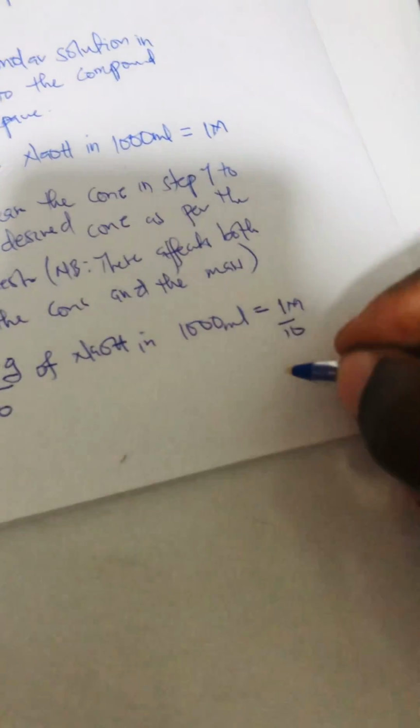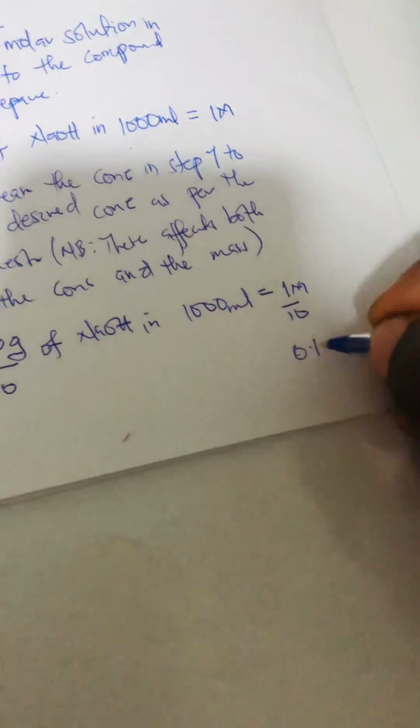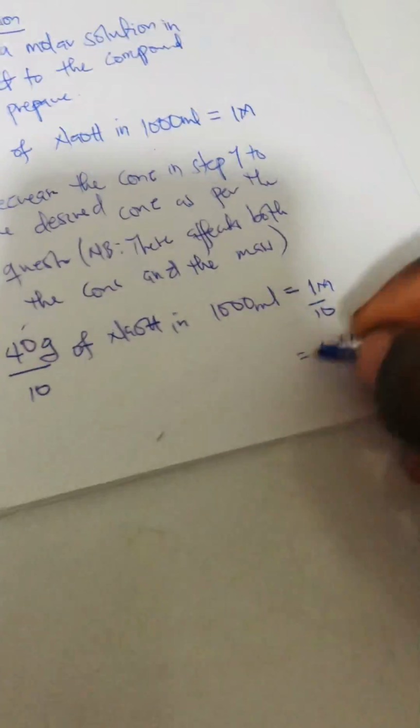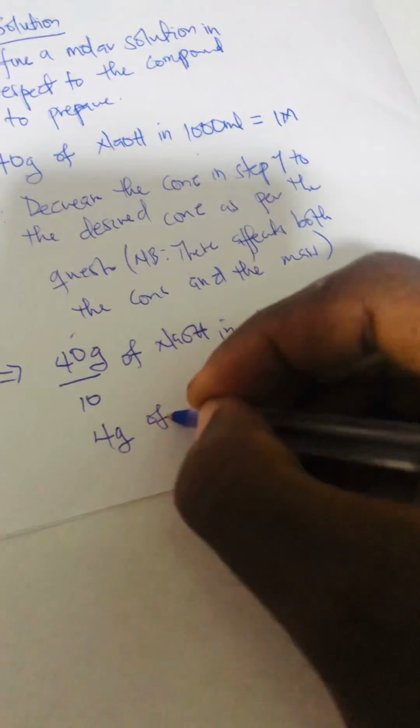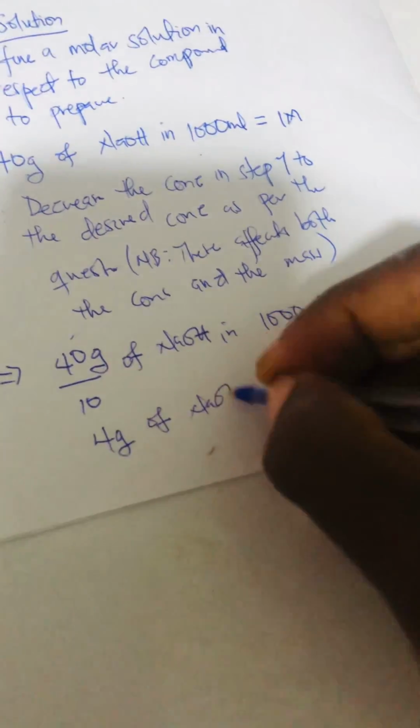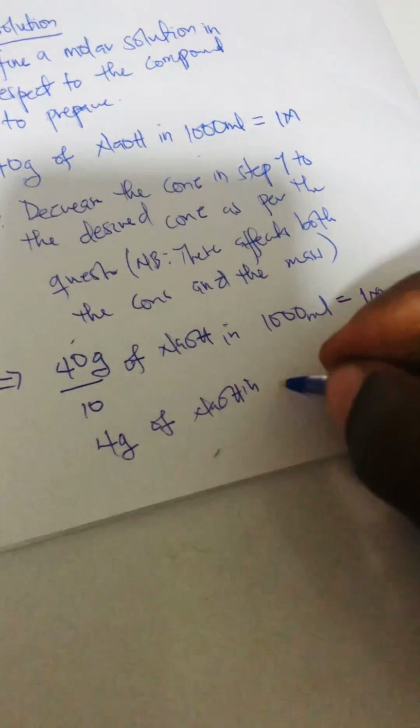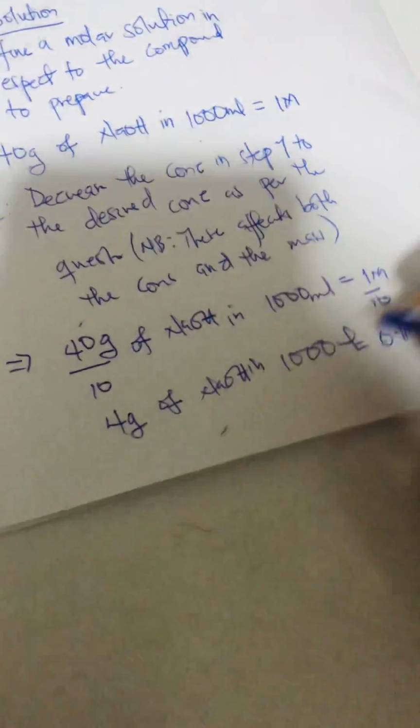And so this one will give you 0.1 molar, and then this one will give you 4 grams. So meaning 4 grams of sodium hydroxide in 1000 ml will be equal to 0.1 molar.